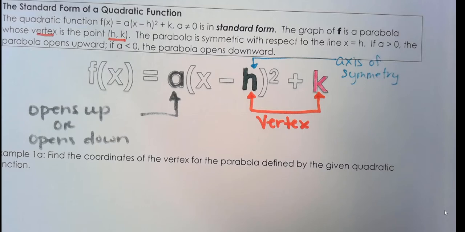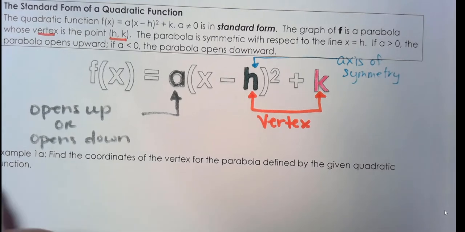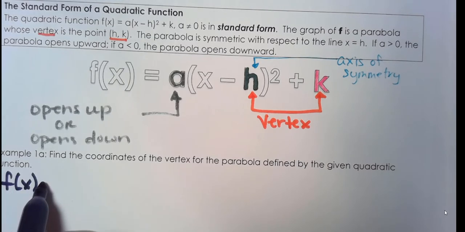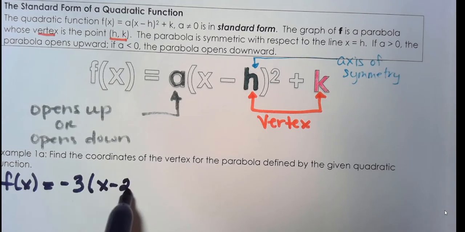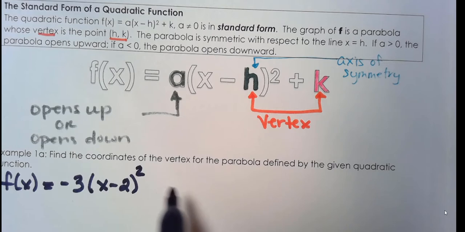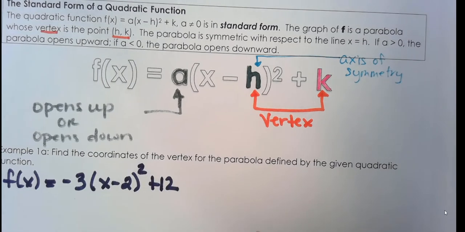We have here f of x is equal to -3 times the quantity of x minus 2 squared, plus 12. So if we want to find the vertex, help me out. What would be our h? What would be our k? That would be the vertex of this parabola.